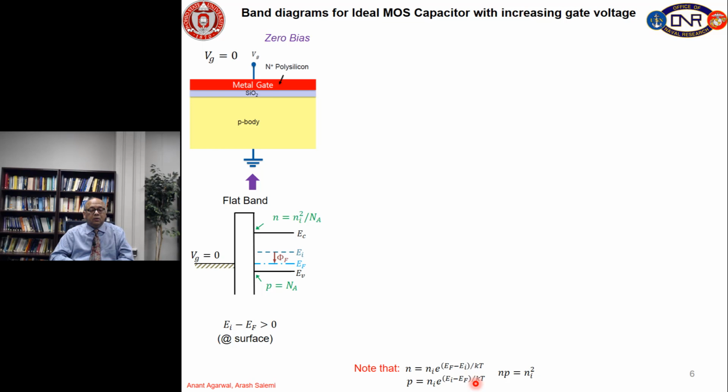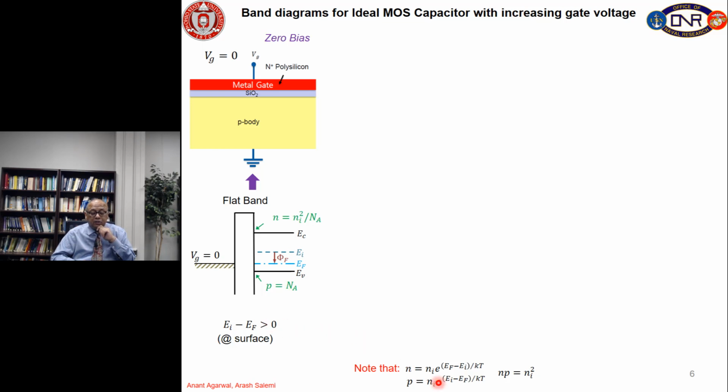All right. So, on the left hand side, we have a capacitor at gate voltage 0. Everything is in equilibrium. There are no charges anywhere because we are considering the ideal condition. So, the bands in the semiconductor are flat. You can see that the Fermi level is in the lower half band gap because it is p type semiconductor, and we can see that EI minus EF is greater than 0.